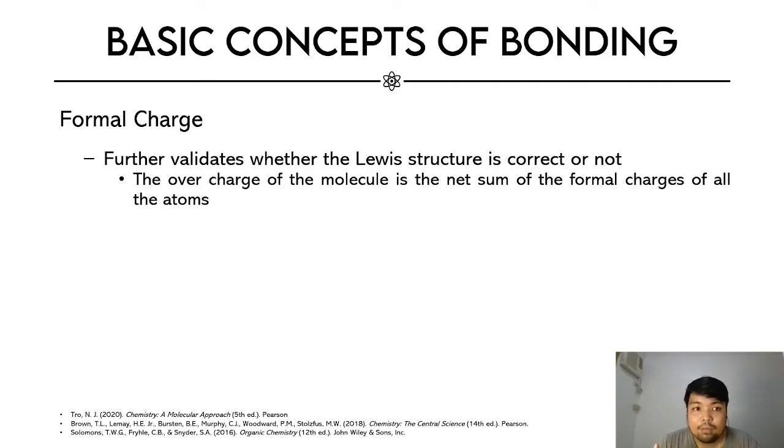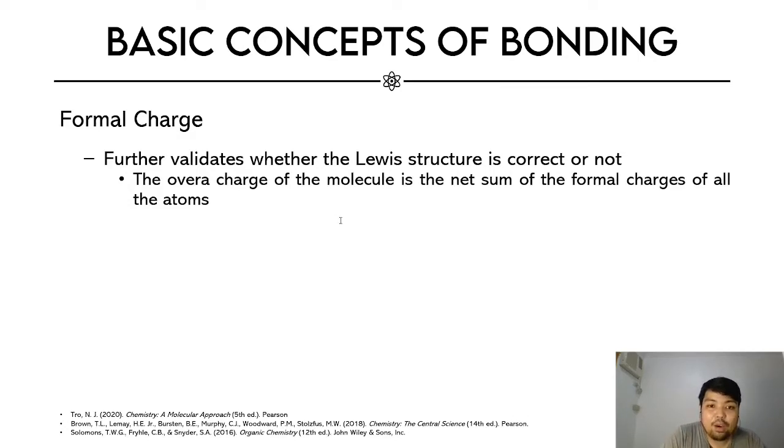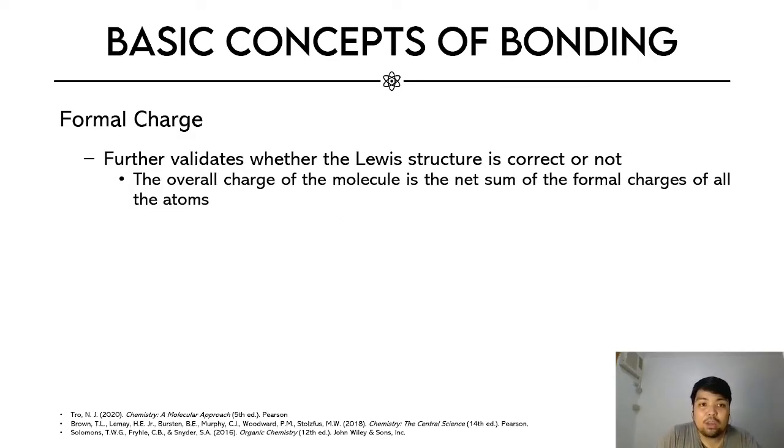Lastly, it further validates whether the Lewis structure is correct or not. So how do we validate? Sorry, I have a typo. The correct answer for that is the overall charge of the molecule. The overall charge of the molecule is the net sum of the formal charges of all the atoms.